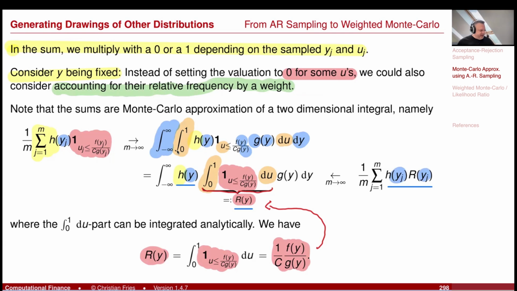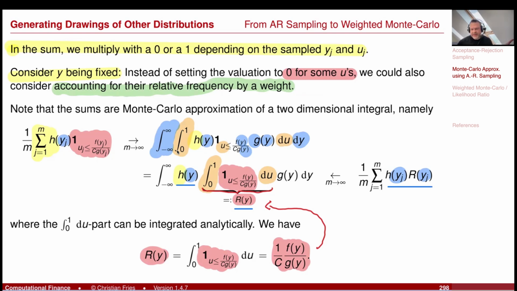So you see, instead of having here on the left-hand side the indicator function and approximate the two-dimensional integral, I can also have here on the right-hand side just the weight where we had previously the indicator function, and that approximates this one-dimensional integral.